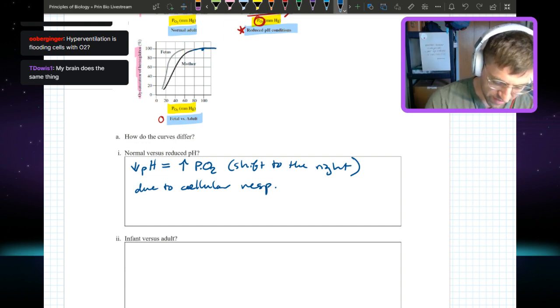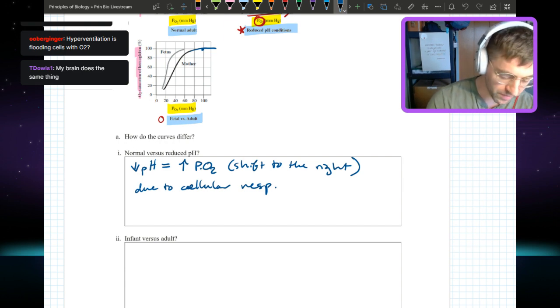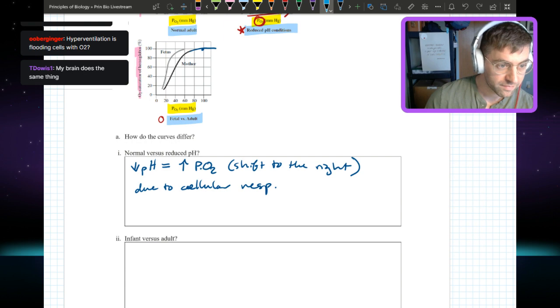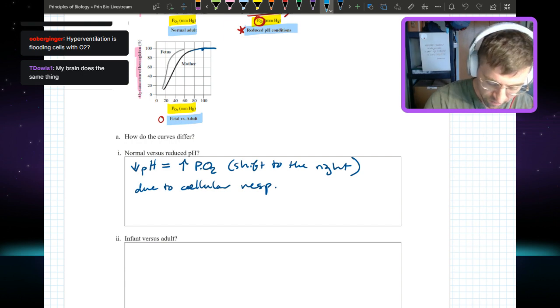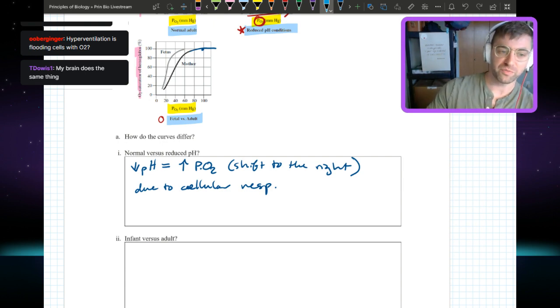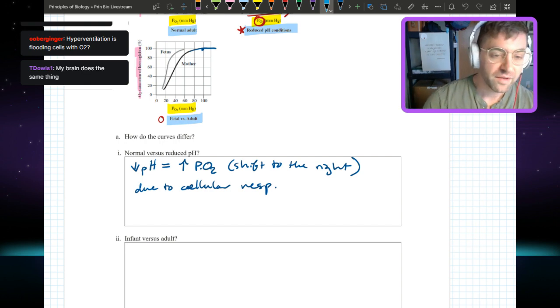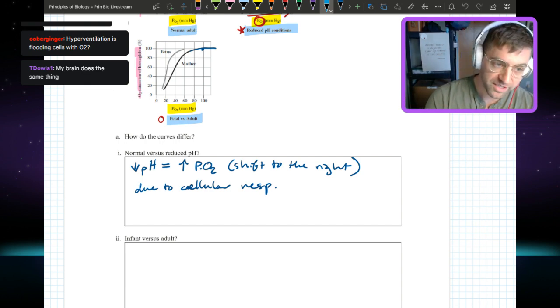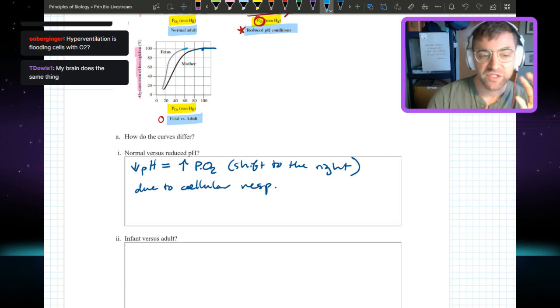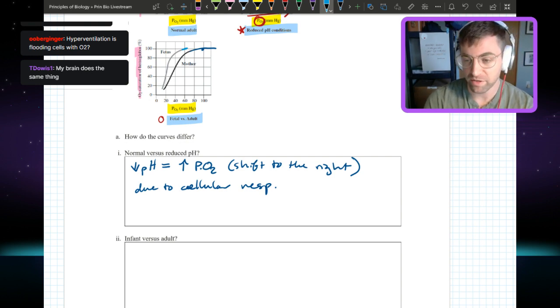So it's reached saturation at 100 millimeters of mercury. It's also worth noting that 100 millimeters of mercury is approximately the partial pressure of oxygen in the human lung. By contrast, the fetal hemoglobin becomes saturated at about 60 millimeters of mercury. So this would allow the fetus to pull more oxygen from the mother's blood than it could if the fetus had the same type of hemoglobin.